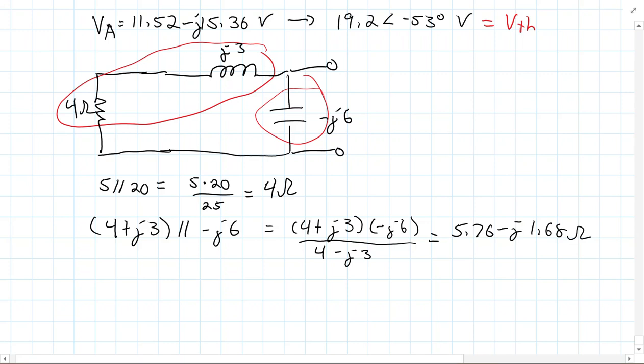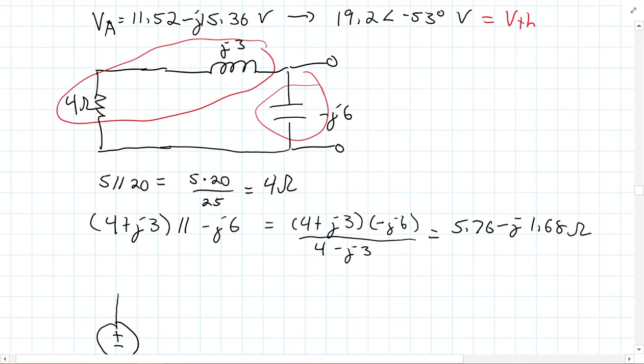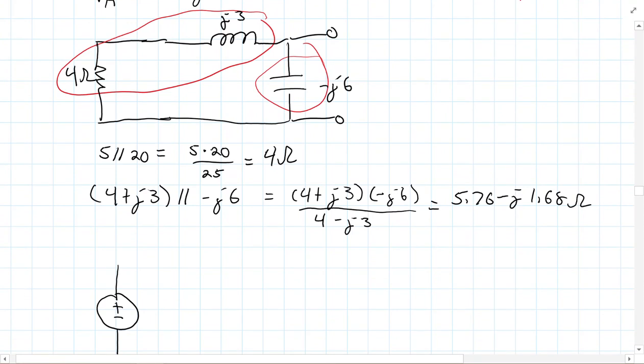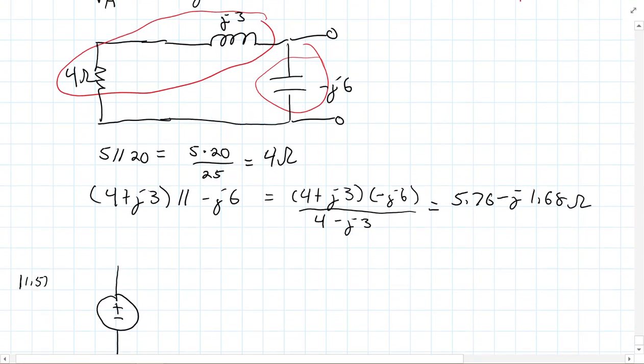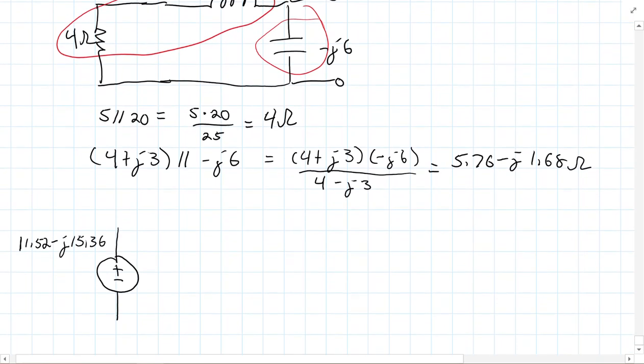And so, of course, what that means is that my Thevenin equivalent, which I'll write in rectangular form, would be 11.52 minus J15.36, and then I have a 5.76 ohm resistor and then a minus J1.68 ohm capacitor.